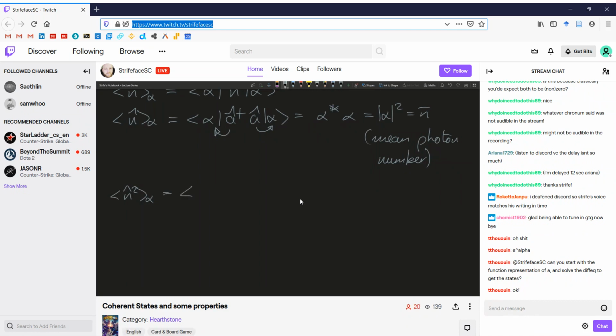So A dagger A acts left, and so we have a problem, because now A does not commute with the rest. So what we're going to do is get alpha A dagger plus A dagger A.